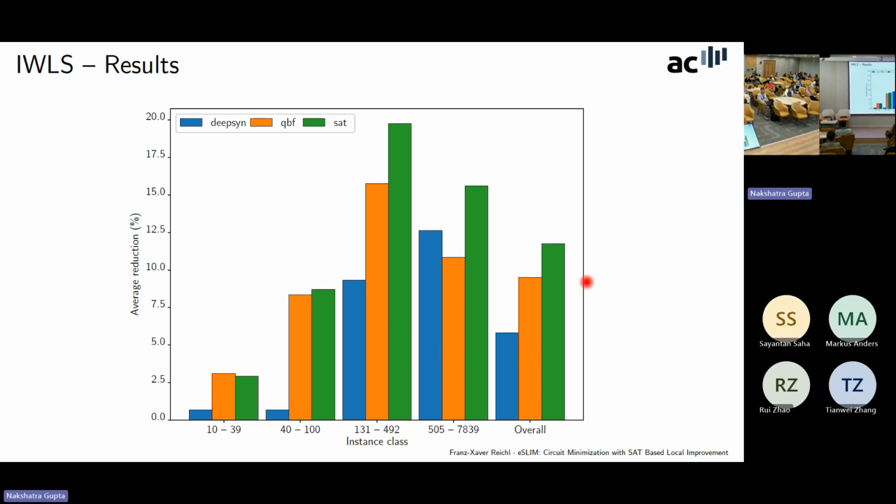You can see that our tool could reduce more gates than the old version of our tool, and it could reduce significantly more gates than deepsyn alone. We use deepsyn also as in-processing, so we give the same time to deepsyn as to the whole setup for our tool. So we have the same times here.